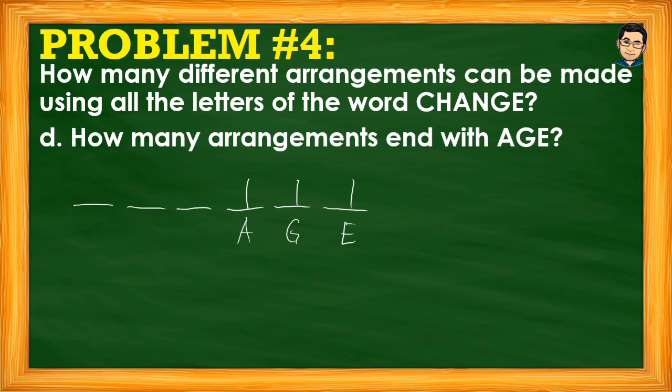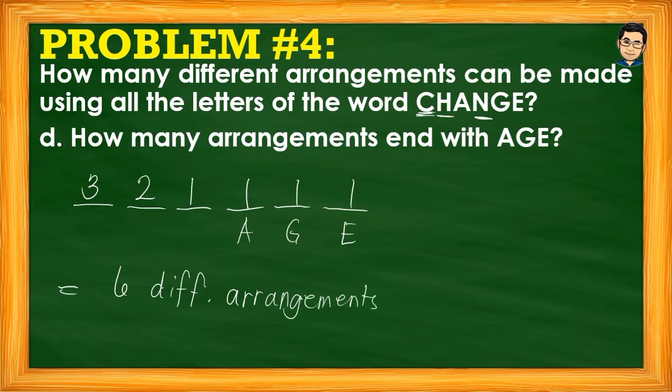Okay, kasi walang ibang letter ang pwede nating ilagay dun sa pang-4 kundi A, sa pang-5, G, pang-6, E. And then, yung mga natitirang letters, letter C, letter H, and letter N, pwede po natin nang gamitin sa first letter. So, 3. And then, magiging 2. And then, 1 na lang. So, kapag minultiply po natin yan, ang product po na makukuha natin ay 6. So, we only have 6 different arrangements.